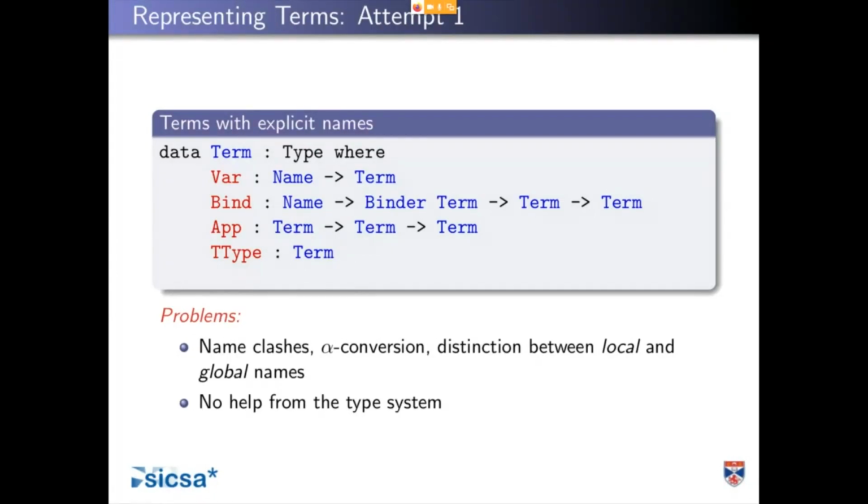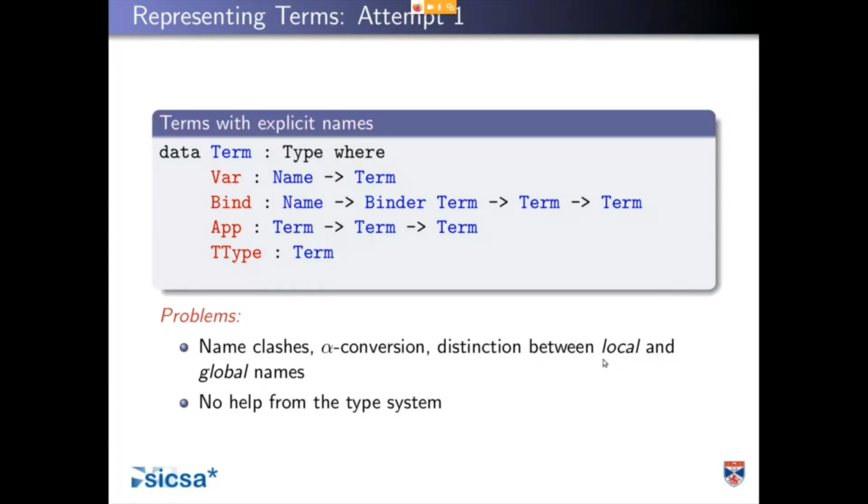When you're evaluating or substituting an expression, you might be using the same name to refer to multiple different binders, which is something that humans can't do very well, but machines can do internally. And you might have to defensively rename things just to avoid that kind of problem happening.